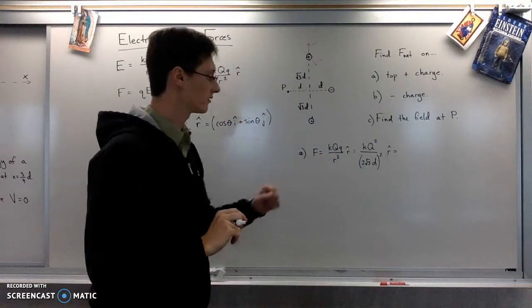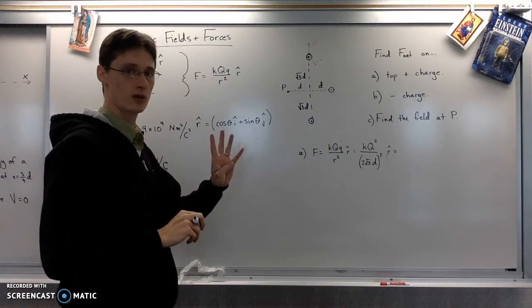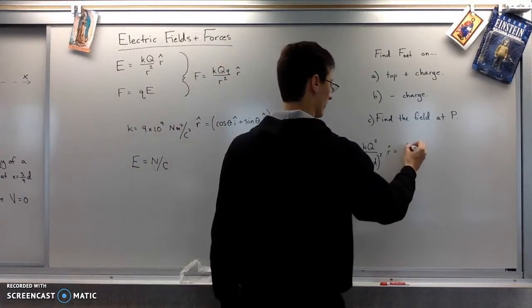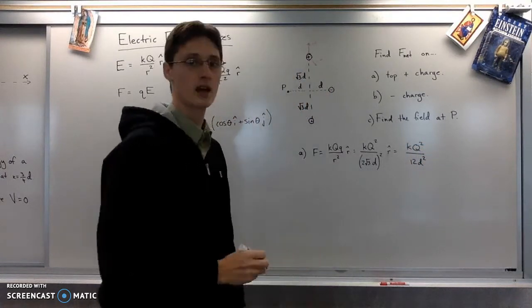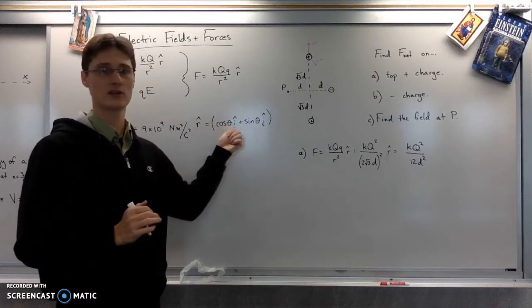When I square 2 root 3, that's going to come out to 4 times 3 is 12, so 12d squared. So k q squared over 12d squared. All right, and then r hat. R hat is this thing here having to do with components.